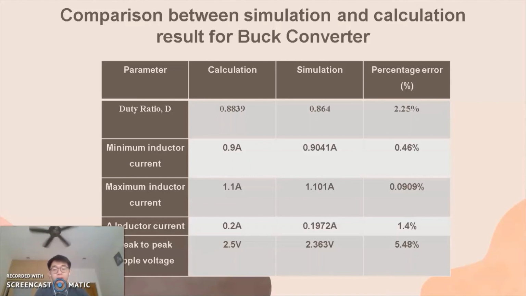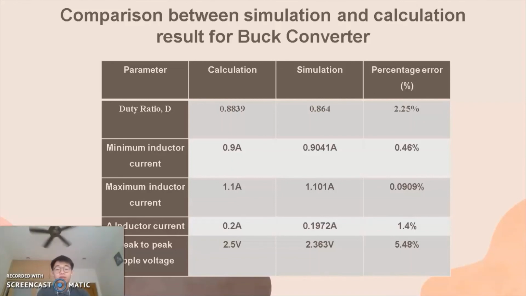And lastly, for peak-to-peak ripple voltage, we obtain 2.5 volts from calculation, while simulation gives 2.363 volts, and that's a 5.48% error. So as we can see here, the calculation and simulation results are approximately the same.